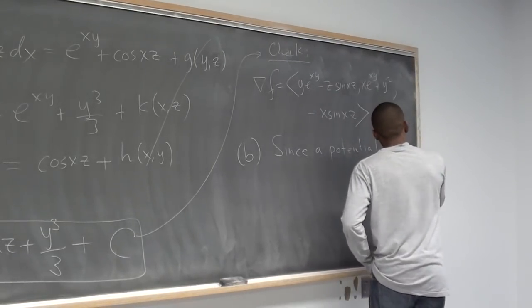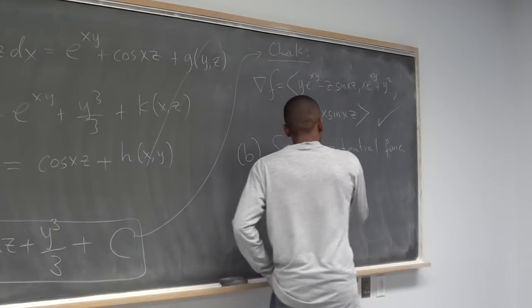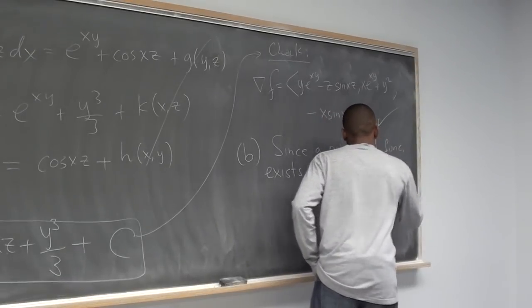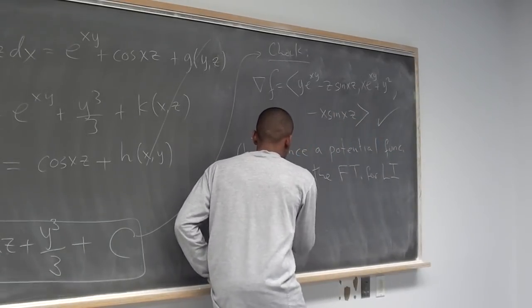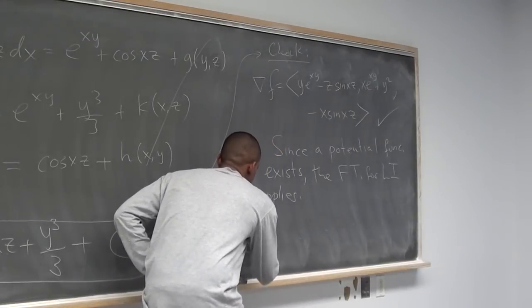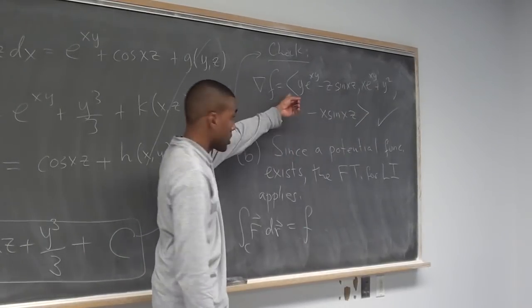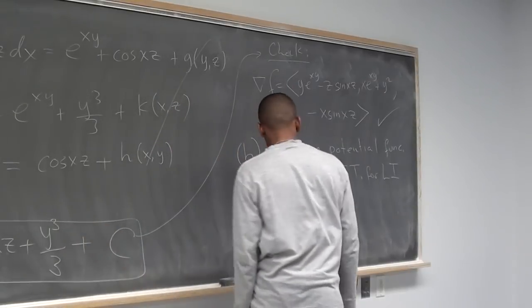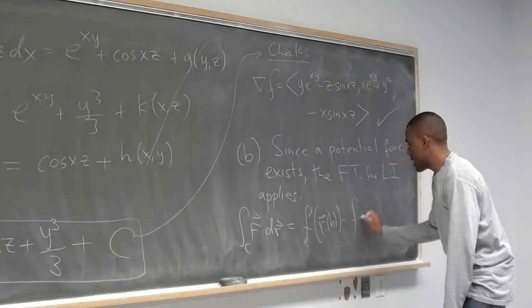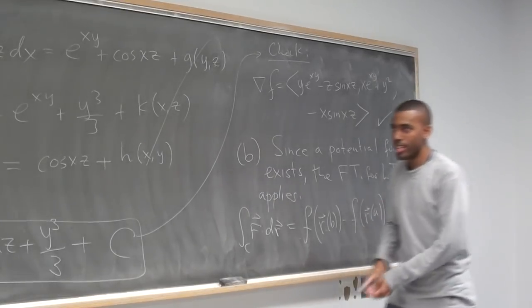Since a potential function exists, the fundamental theorem for line integrals applies. It means then that my f dot dr is just going to be equal to this potential function, the same one that I just found here, evaluated at the last endpoint, minus that function evaluated at the first endpoint. There's no way I'm going to do that integral directly.